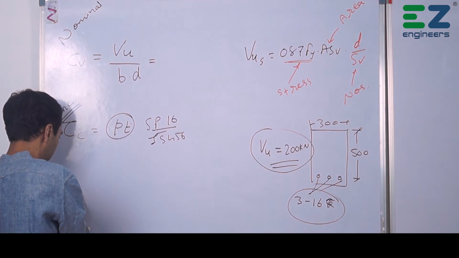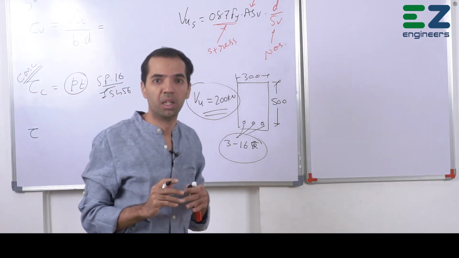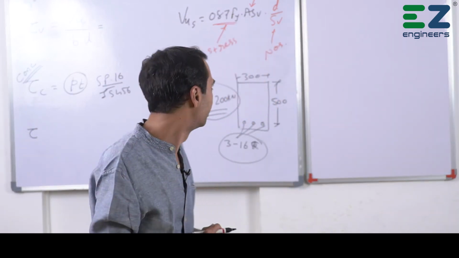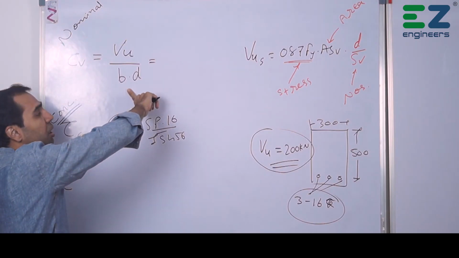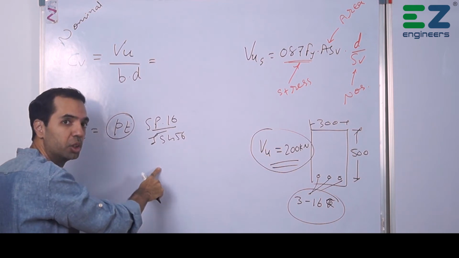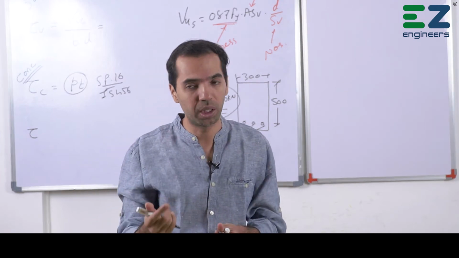Then now we need the shear to be taken by stirrups. So friends, this is the total shear strength, this is by concrete, so of course the remaining will be taken by the stirrups. How we can find it?